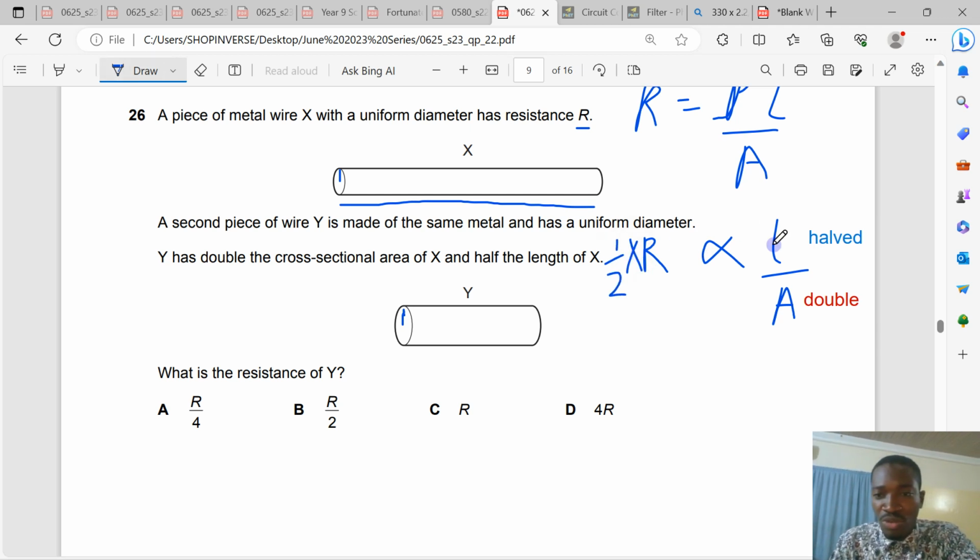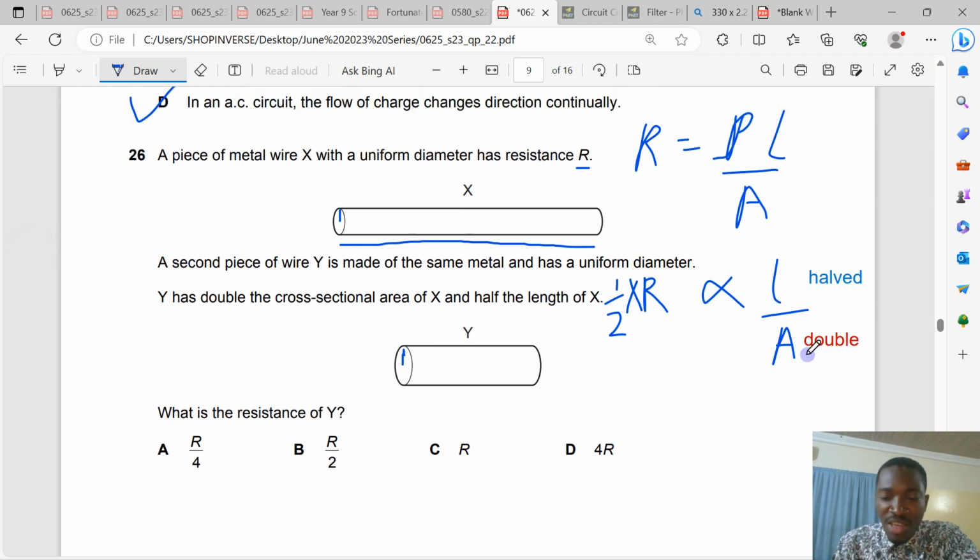What about the area? Since resistance is inversely proportional to area, if area is increasing, resistance will be decreasing. So if area is doubling, resistance will be halving again.